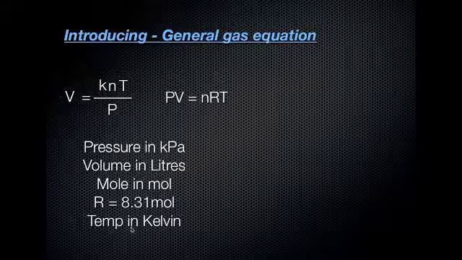The temperature is measured in Kelvin, and we talked about how to convert to Kelvin beforehand. This is what you need to remember: P is always in kPa, V is always in litres, n is always in moles, R is always 8.31, and temperature is always in Kelvin. So if you convert your amounts to these measurements, you'll use 8.31.